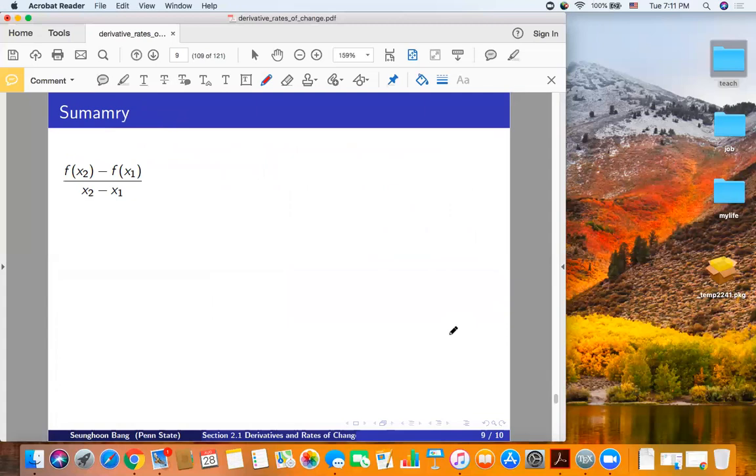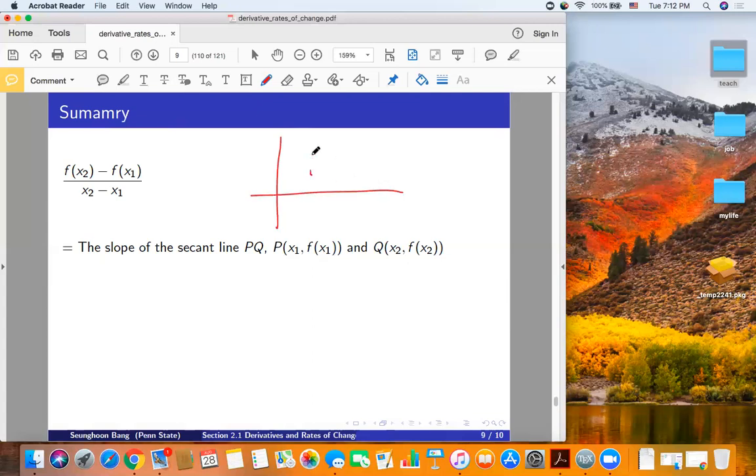Okay, I want to summarize. What is f of x2 minus f of x1 over x2 minus x1? From my previous lectures, we have three important terminologies. First one, the slope of the secant line PQ. P is x1, f of x1, and Q is x2, f of x2, right? Exactly, the slope of the secant line. Does it make sense? You choose P, choose Q, and you can draw the secant line.